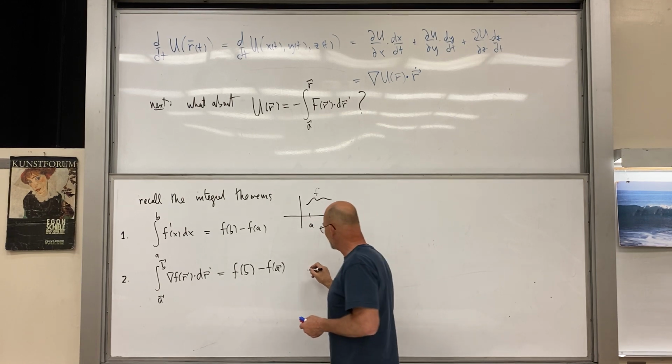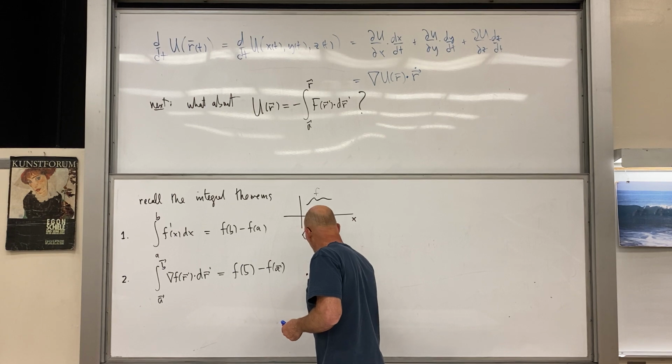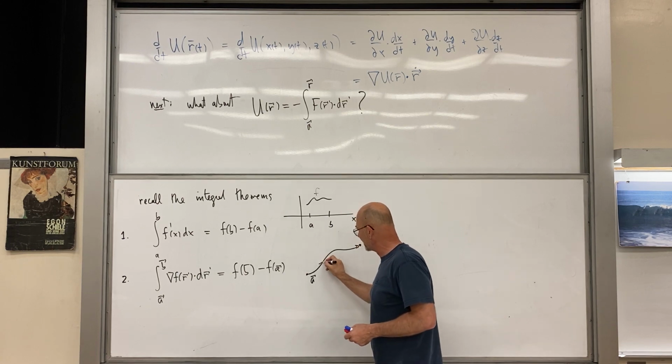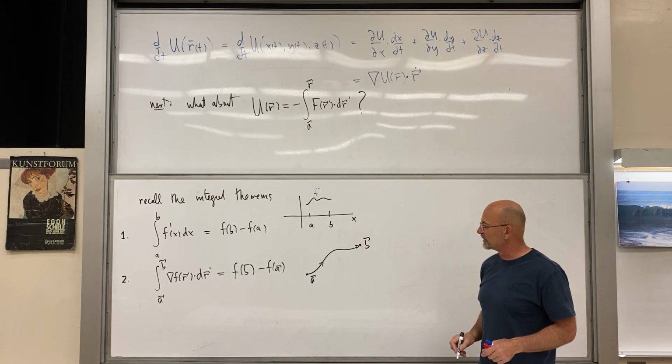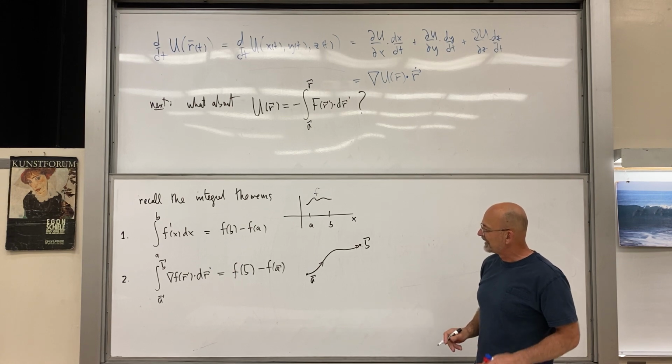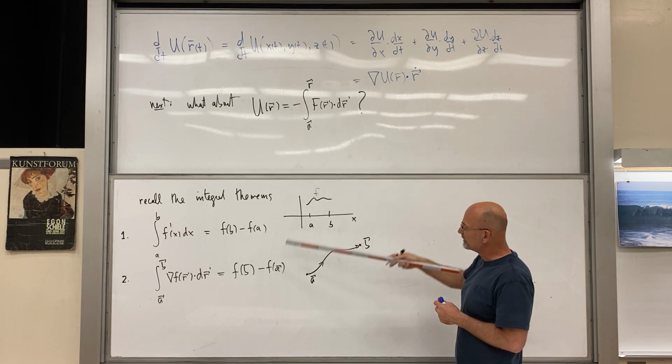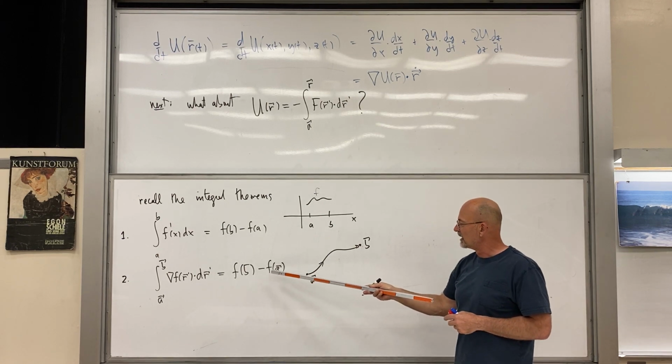This one here would be two points in space and some contour to get from a to b. That would be that integral. And that will actually, roughly by this calculation up here, do that.